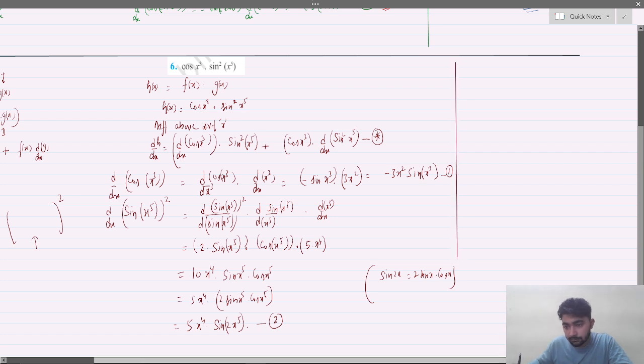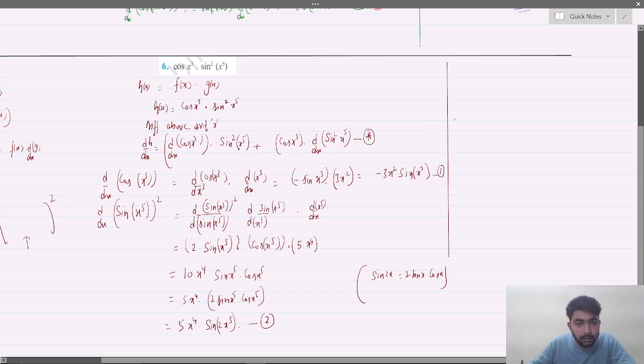In the star equation we need to put, so from the first equation, second equation and star, what we have is dh upon dx is equal to dy.